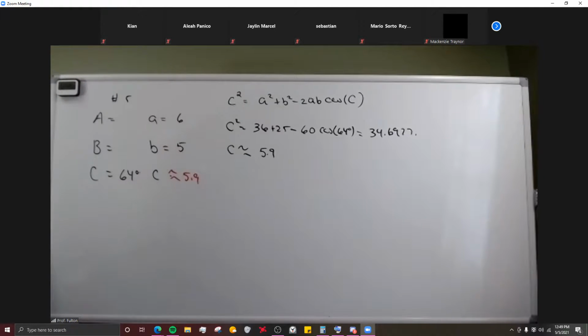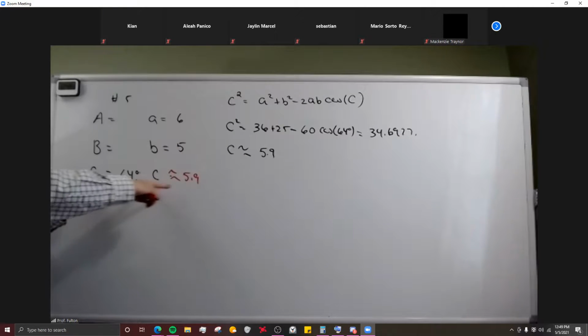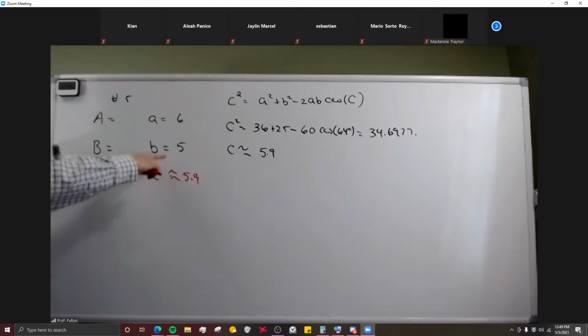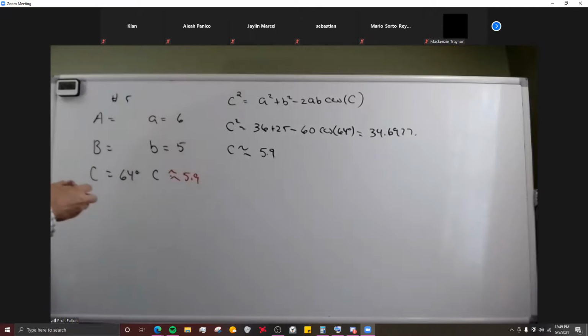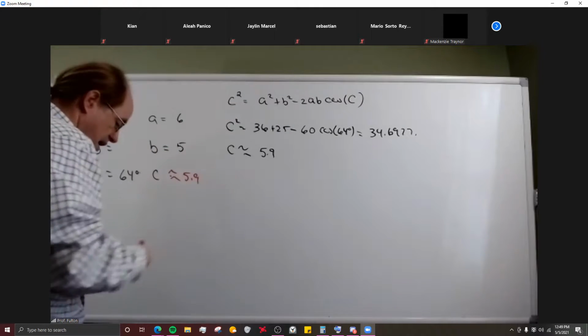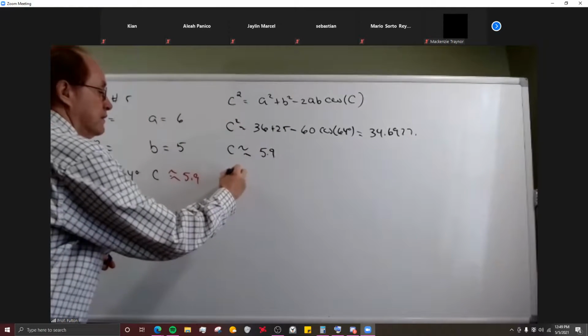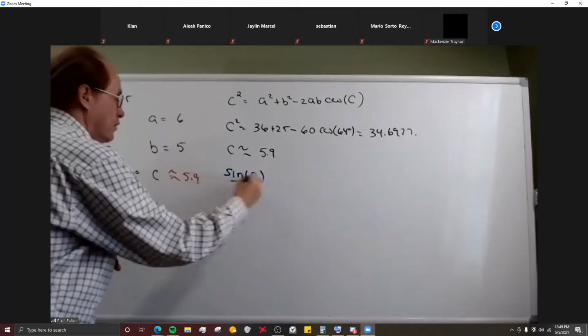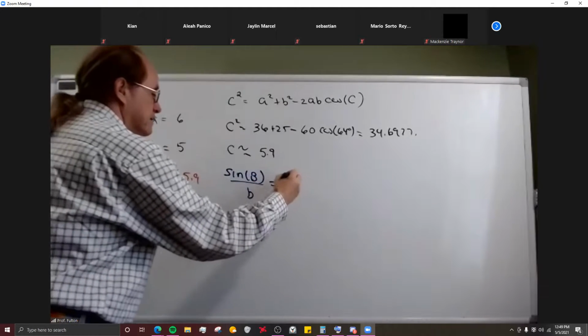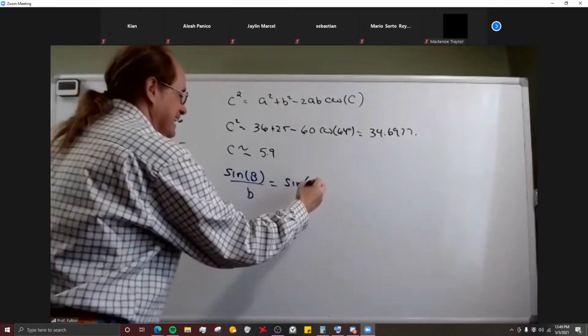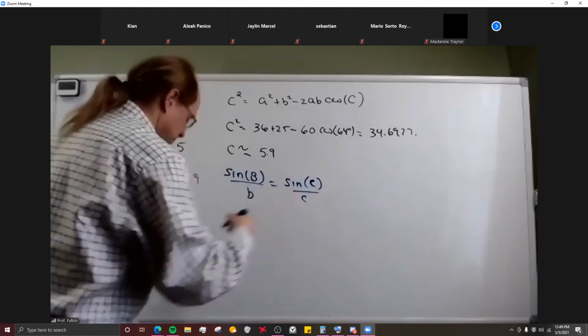Okay, now what can I do? Well, now I can use this angle, this combination, to find either angle B or angle A using the law of sines. Doesn't matter which. Let me use B, just because they're closer together. So now I have that the sine of B over length B is the sine of angle C over length C. I'll plug that in.